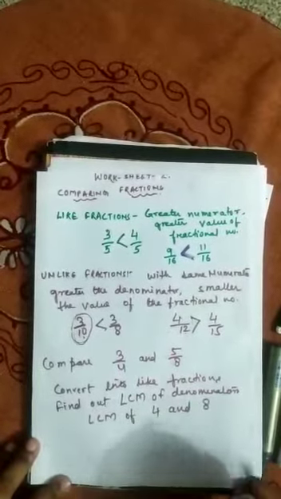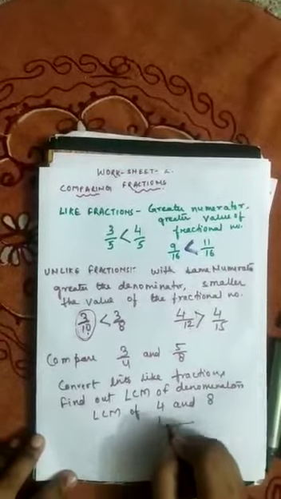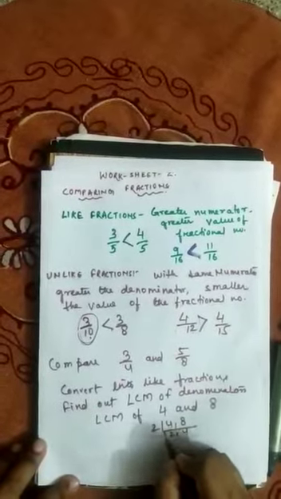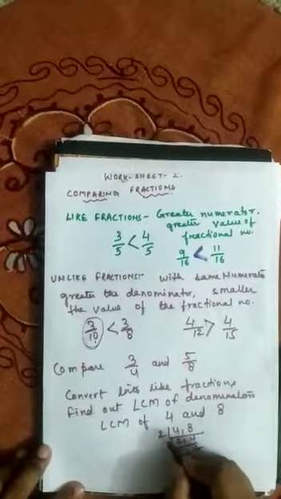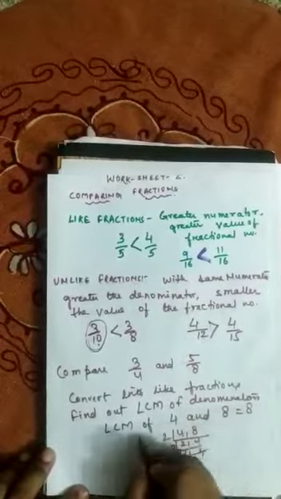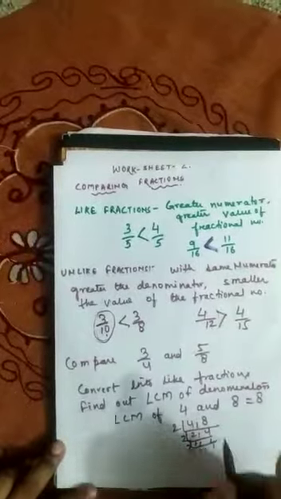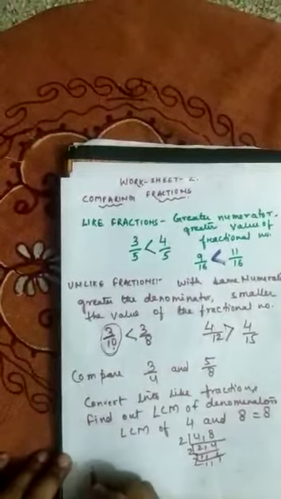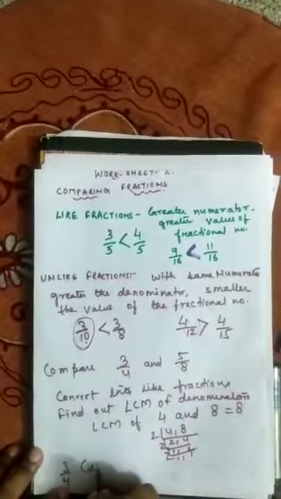Let us find the LCM by division method. 2 into 4 is 4, 2 into 8 is 8; 2 2s are 4, 2 4s are 8; 1 and 1. So LCM of 4 and 8 is 8. Right? Now, next step. We have to convert this 3 by 4. Firstly, we will divide.